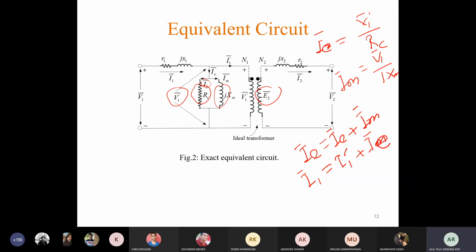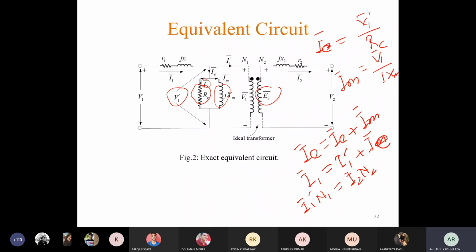So I1 dash is the load component of primary current, which is related to the secondary current I2 as I1 dash N1 is equal to I2 N2. So these are the describing equations based on which this equivalent circuit can be drawn.